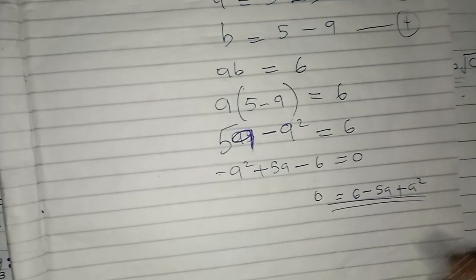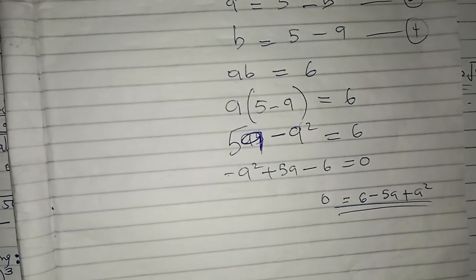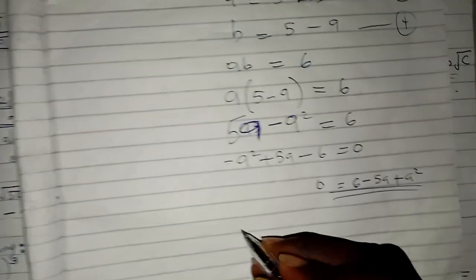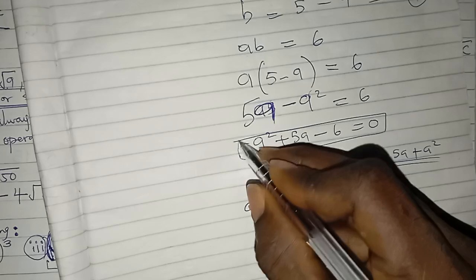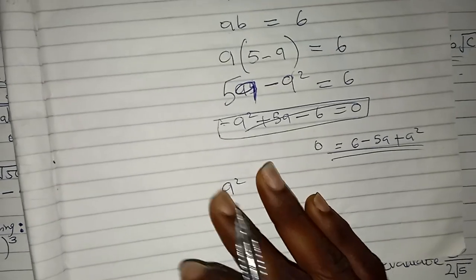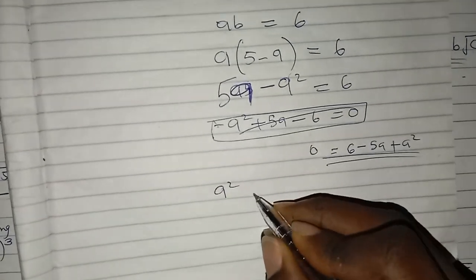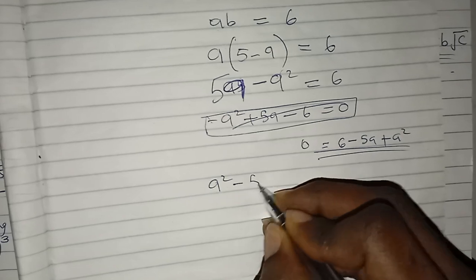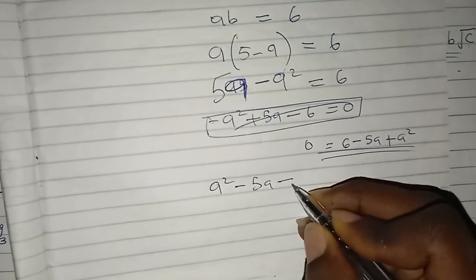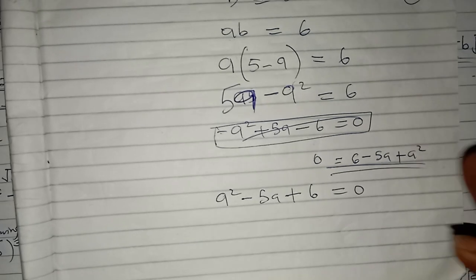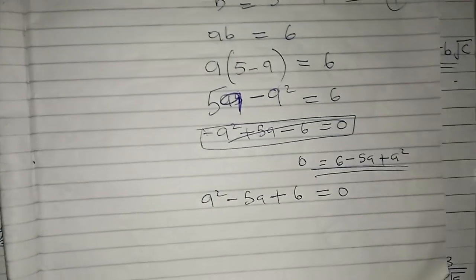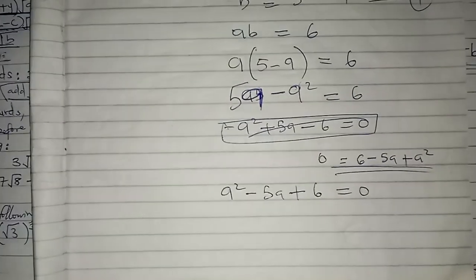So I want to work with this. The sentence I'm saying is a square, so I ignored this. So this is a square minus 5a plus 6 equals 0. So I can solve the quadratic equation and get my final answer.